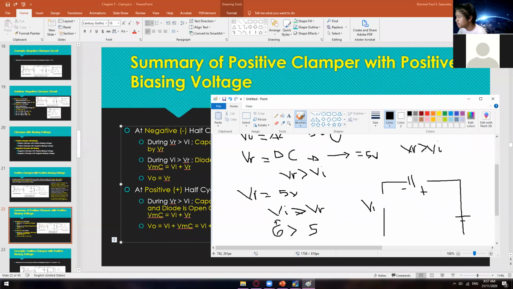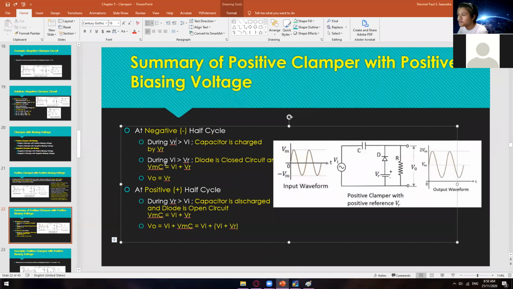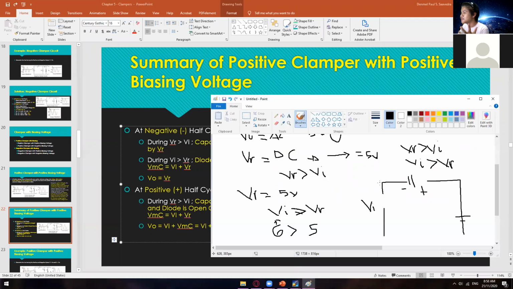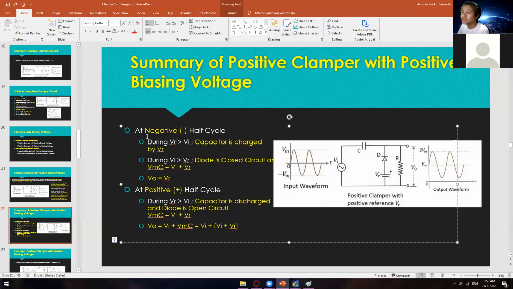That is during V sub R greater than V sub I. But during V sub I greater than V sub R, this will now be charged by V sub I. Positive, they are not the same. Sorry, let's see. Yes, they are not the same during the positive half cycle, but they will become the same during the negative half cycle.